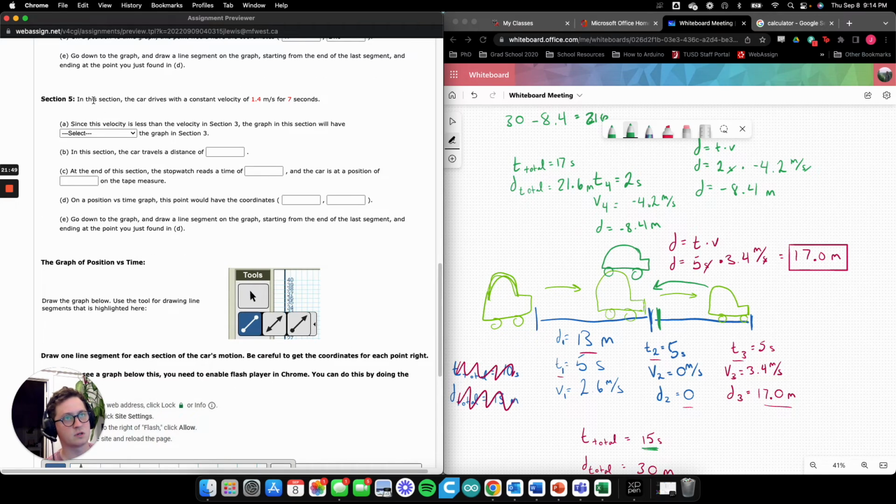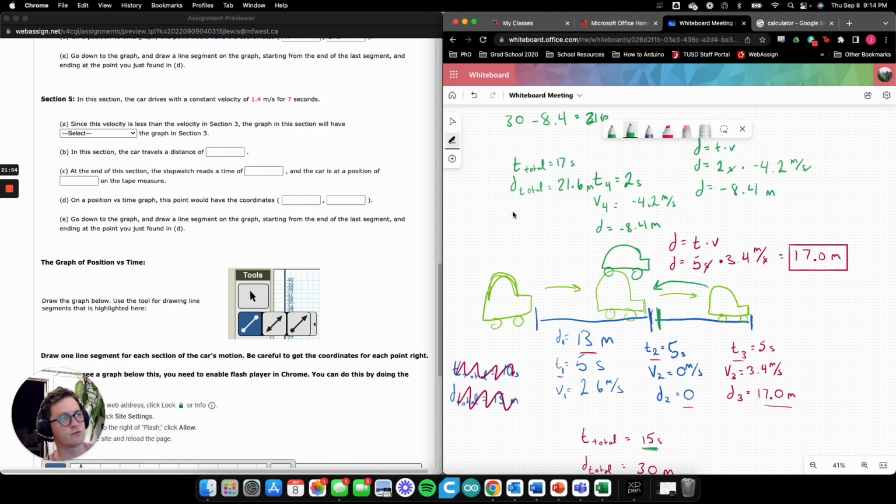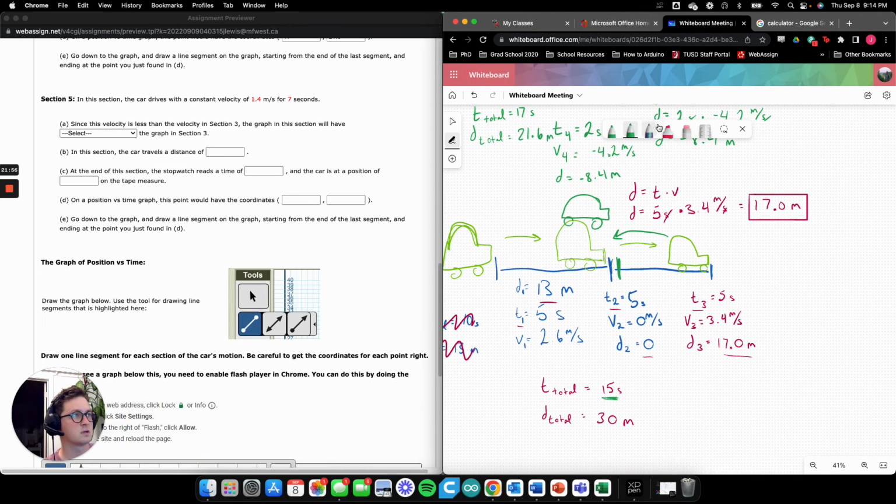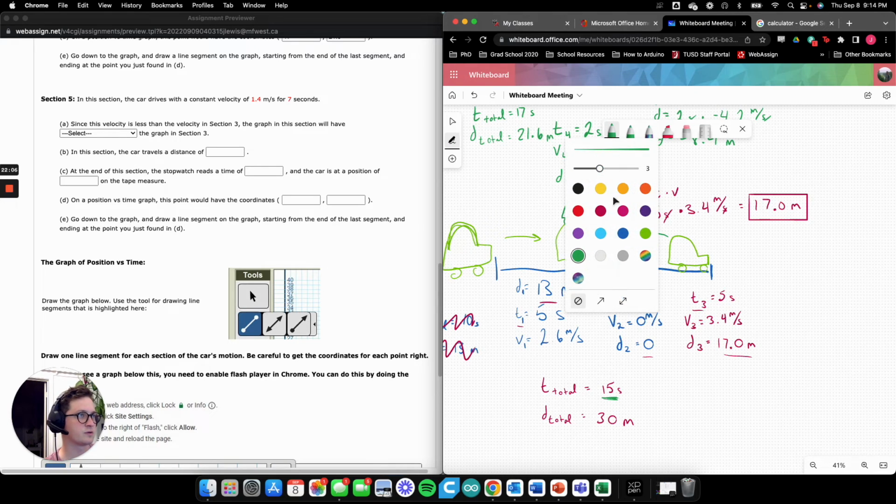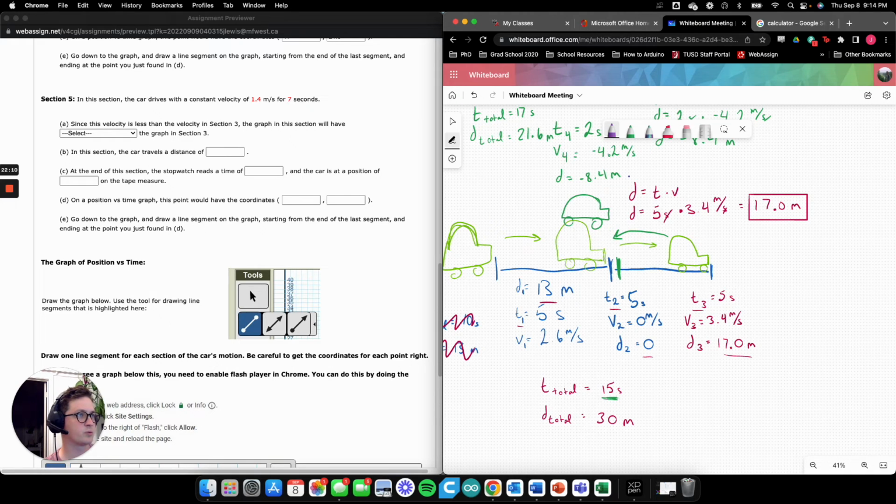Last section here. Car drives with a constant velocity of 1.4 meters per second for 7 seconds. Okay, so the car has decided to go forward again. So let's do bright purple.